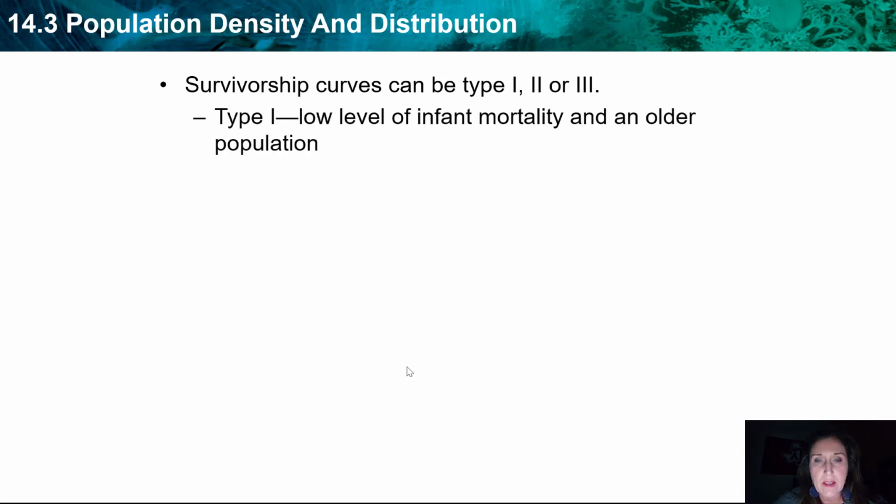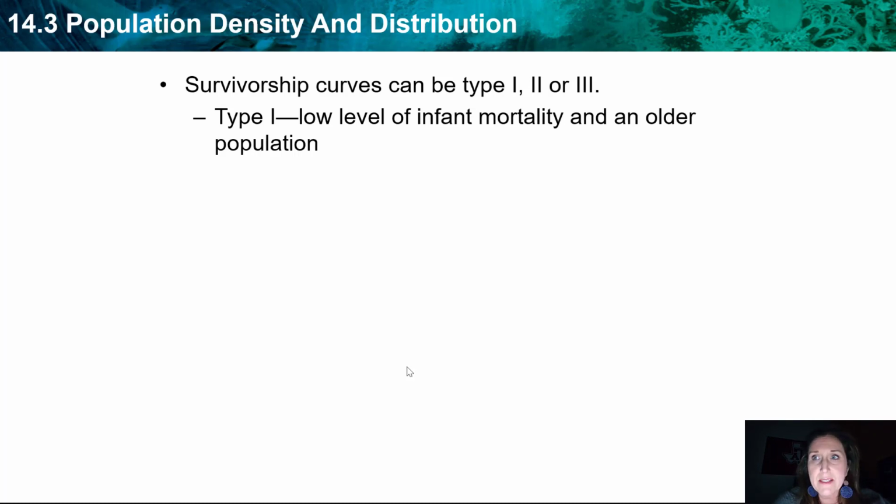Type 1, this is where you have a low level of infant mortality and your population is older. This is a human population, okay? Compared to, say, mice who have 1 million, we have 1, 2, maybe 3 babies at a time. 3 is rare. So typically we have 1 baby at a time.